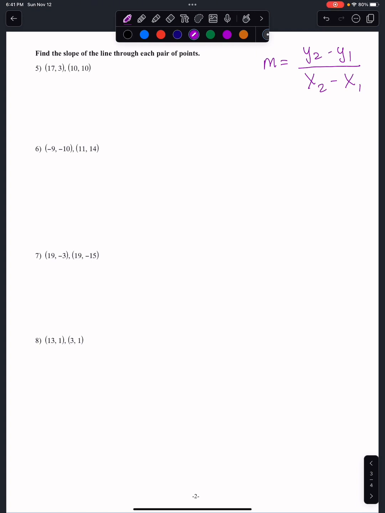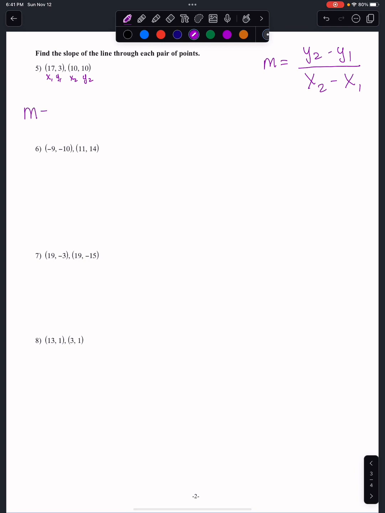So I have to label these points: x1, y1, x2, y2. Okay, so let's go ahead and solve it.